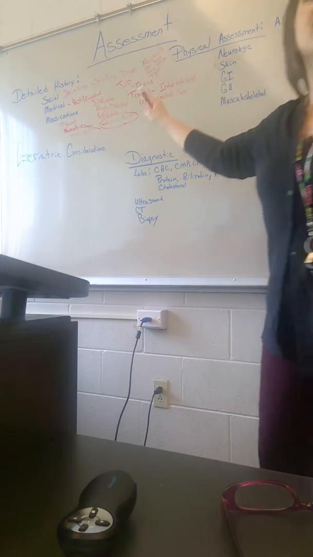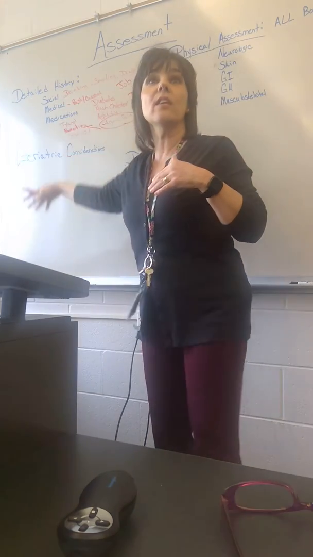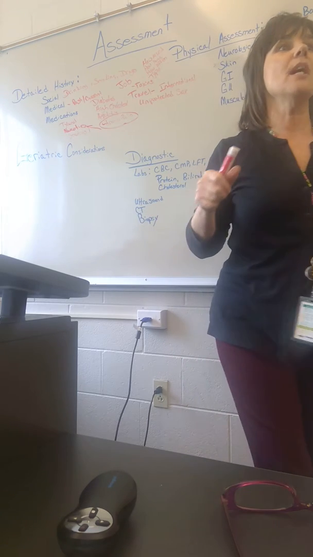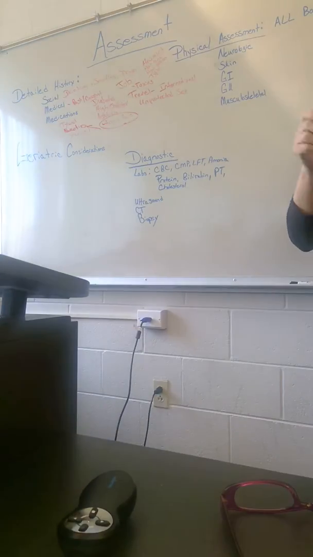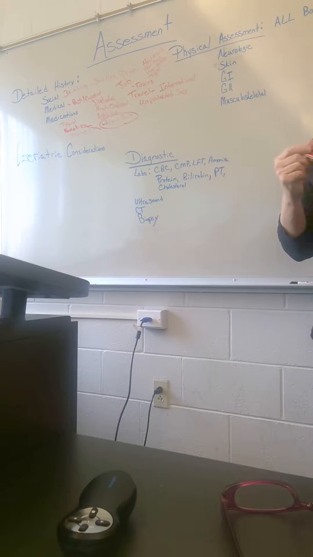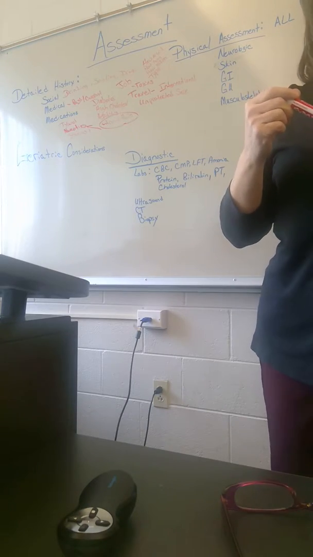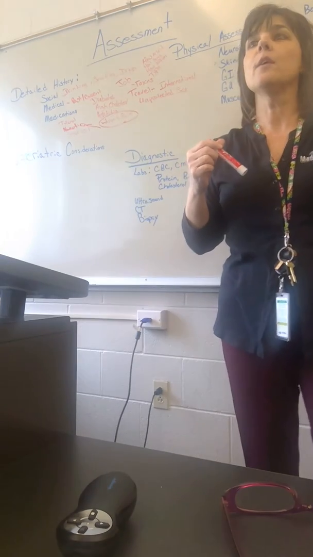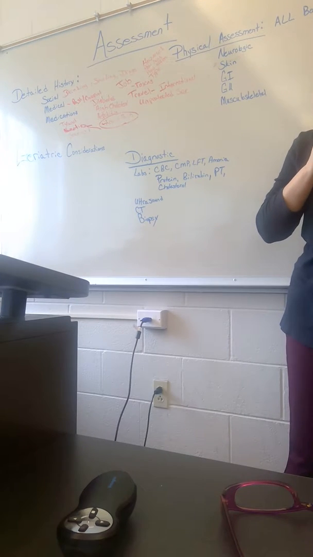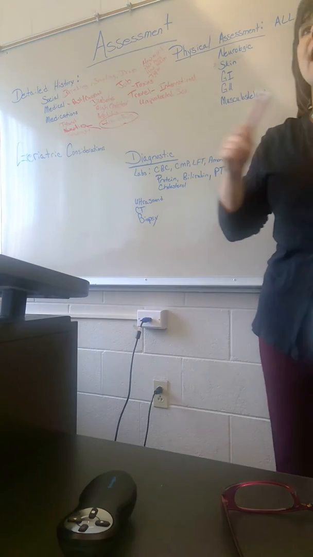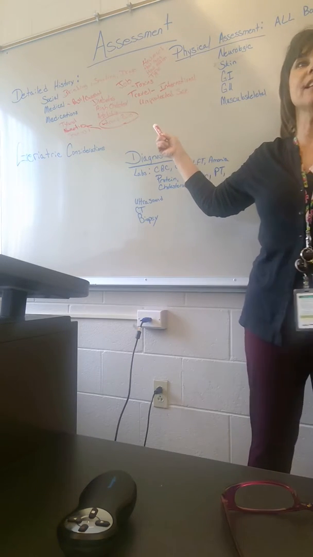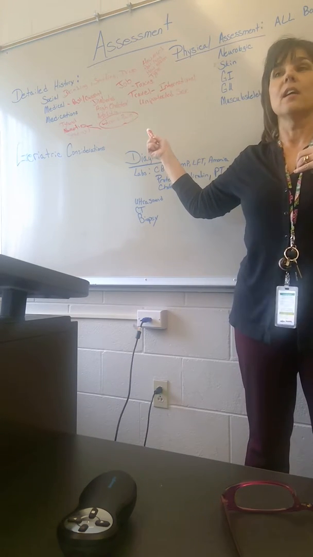But do you see why it's really important to get a detailed history on the patient? And sometimes it's like pulling teeth, getting information out of them. Has anybody been with a nurse in nurse observation and seen them admit a patient? Okay, so a couple of you have. When we admit patients, some of the things that we ask are, have you traveled outside of the country in the last 3 months?